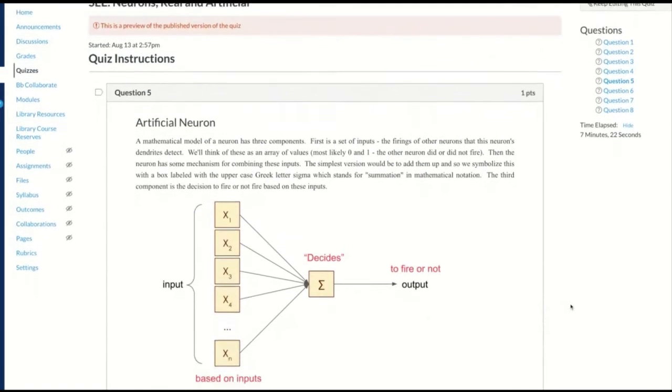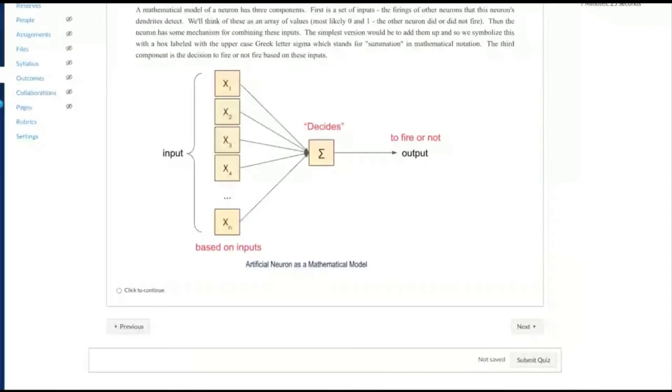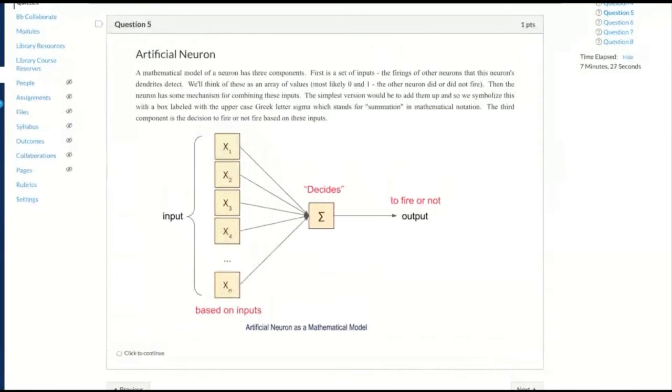Okay, so we're going to take that neuron and create a mathematical model of it that looks like this. The inputs, x1, 2, 3, 4, all the way to xn, however many we want. So these are like the dendrites of the neuron. They're going to be either an input from the world, or inputs from other neurons.